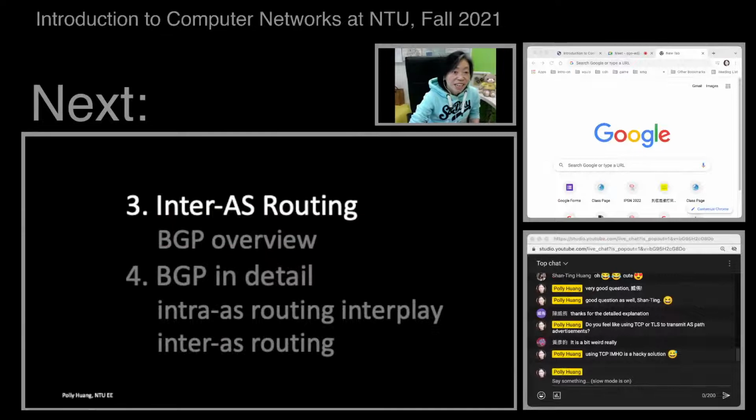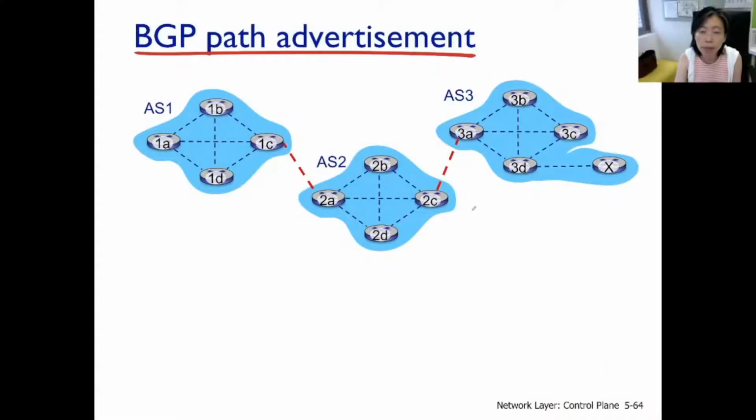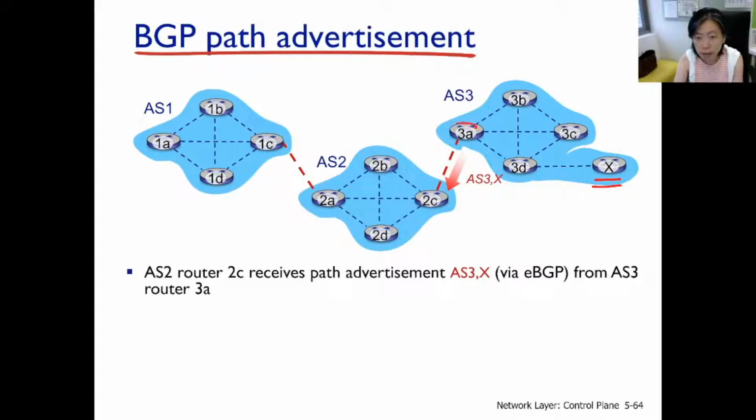All right, now let's take a look at an example. Let's go over a couple more examples so it's clearer where the import policy and the export policy are applied. This is the same example we saw earlier. The destination network is X, and AS3 is going to send the path advertisement that looks like this: AS3, X, and this is going to reach 2C of AS2.